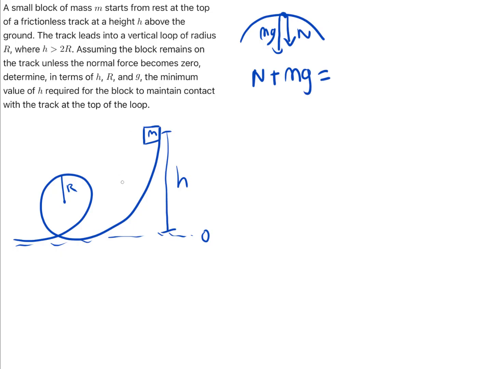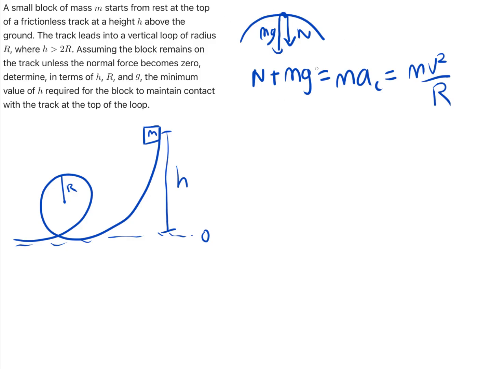And since this is a circular track, the sum of these forces must be equal to the mass times the centripetal acceleration, which, since this downwards direction is also in the radial direction, points directly towards the center of the circle of the loop. And the centripetal acceleration is just v squared over r. So we have this equation here.